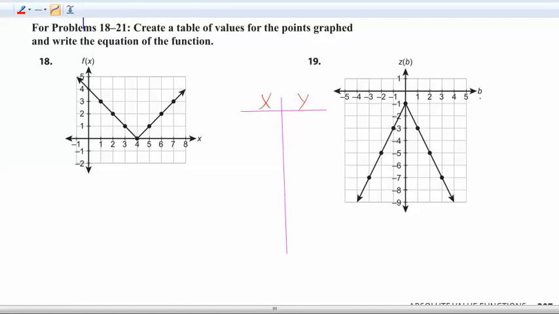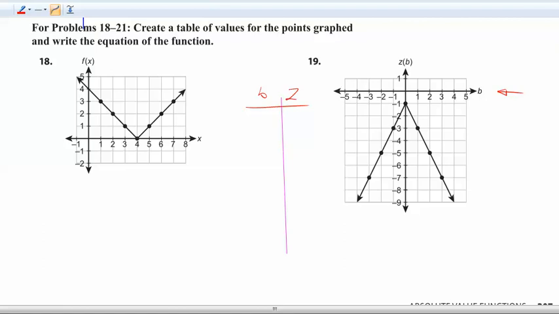Okay, x and y. Well, I should have said, well, b, right? Let's do it that way. B, right? First of all, b is your input on the x-axis, right?